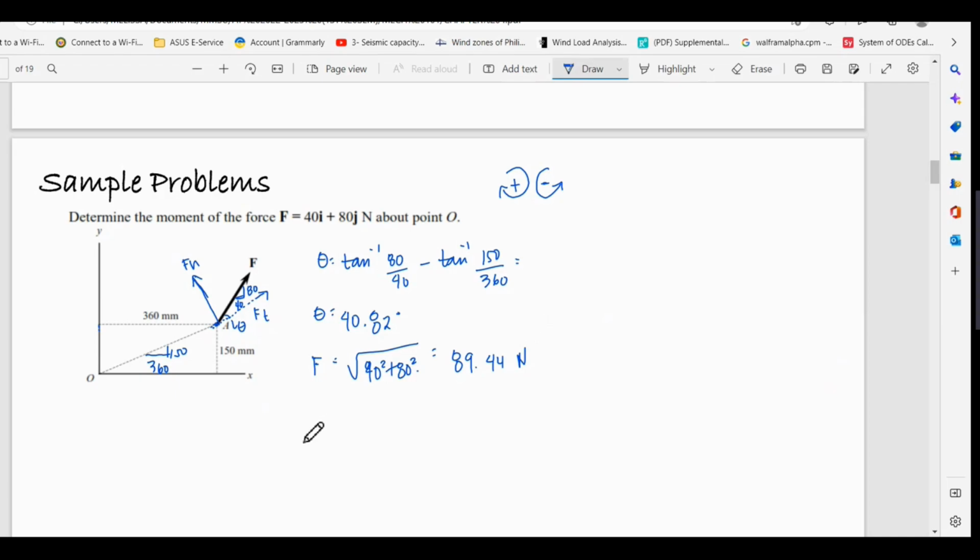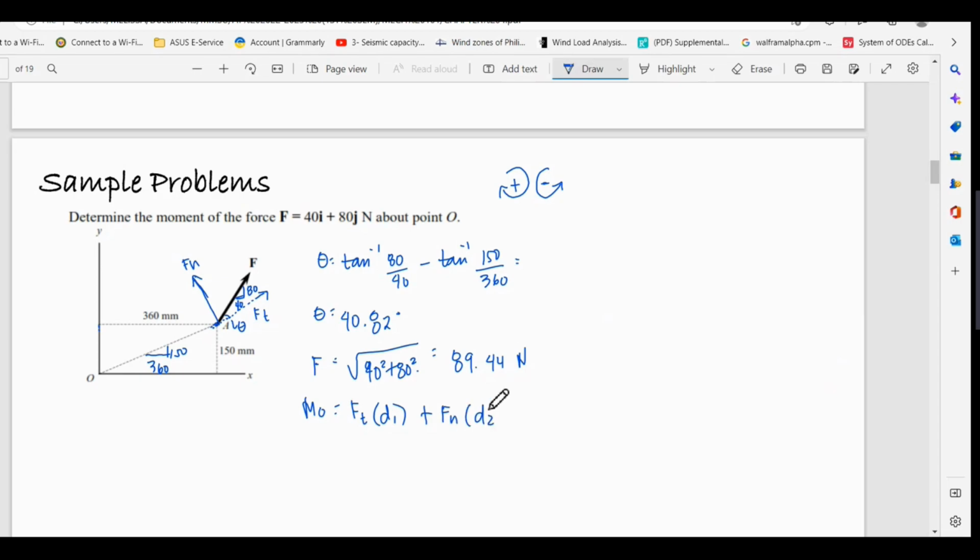Ang sabi natin kanina, the moment of a force is equal to the moment of its component. So, ano yung component ng ating force? We have Ft tsaka Fn. So, the moment about point O is equal to Ft multiplied by yung distance that is perpendicular to our moment center plus what is the other component? Fn.